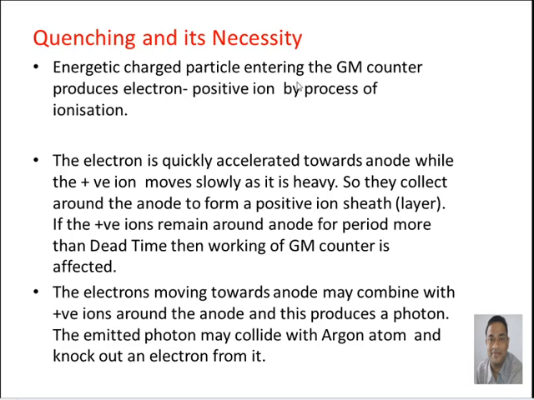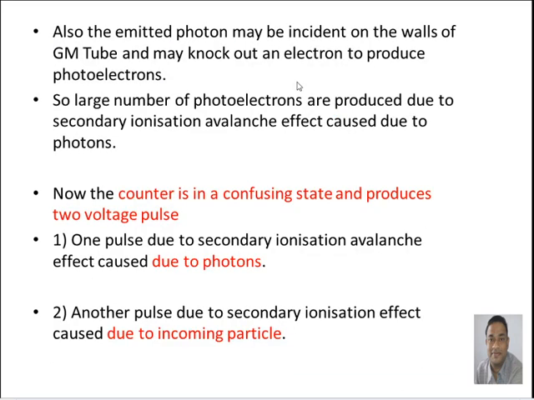This emitted photon may collide with the argon atom, and in that process it may knock out an electron from it. Also, the emitted photon may be incident on the walls of the GM tube and it may knock out an electron from the metallic walls of the GM tube to produce a photoelectron.